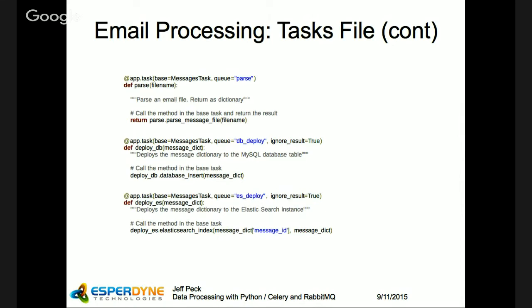Next, we have the deploy to the database task, which uses a different queue. It also is set to ignore the result. We'll talk about that in a little bit if it comes up. And same thing, it's just a one-liner. Also to deploy to Elasticsearch, I call it deploy ES. Same deal, it's a one-liner that just calls a method from the base task that I showed you in the previous slide. So these are pretty straightforward.